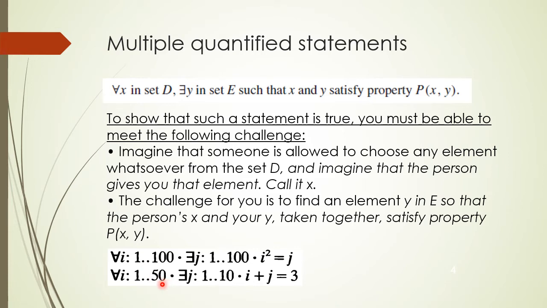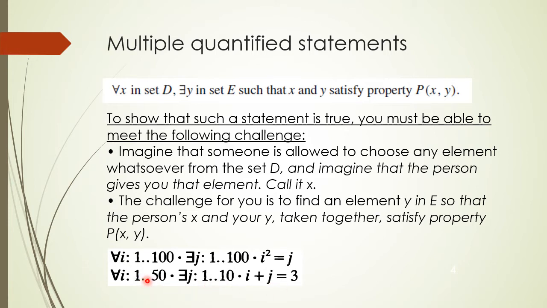Similarly, for each and every element in the domain from 1 to 50, can you find a value whose sum with it is 3? Yes, you start from 1. For 1 you can find 2 here, and 1 plus 2 is equal to 3. Then 2 comes, 2 plus 1 is 3, yes.